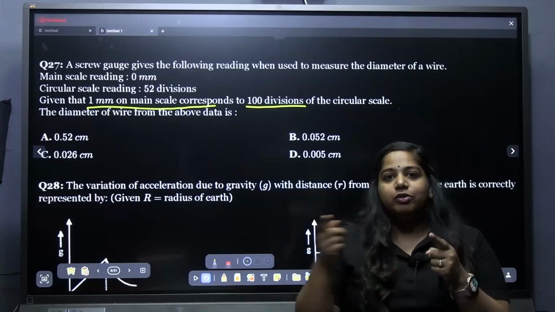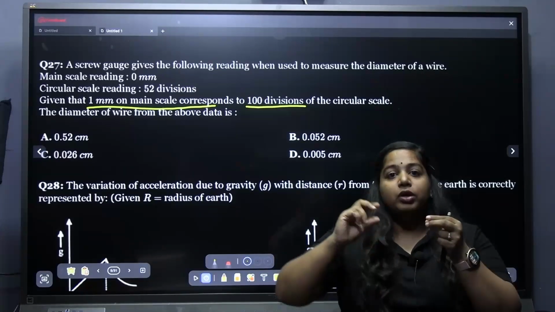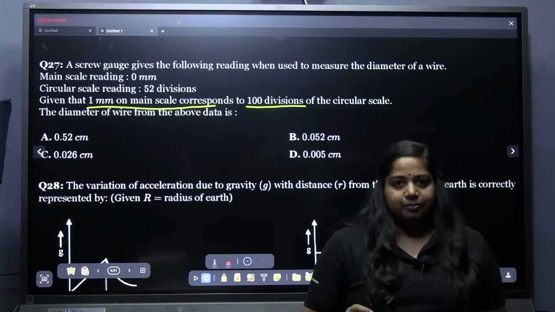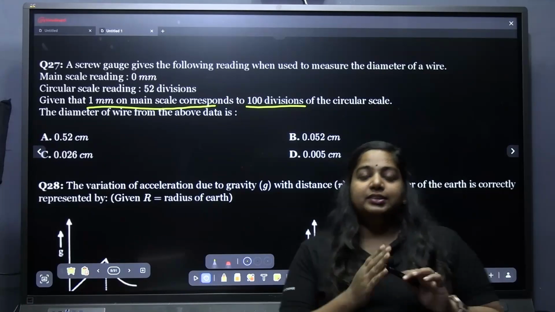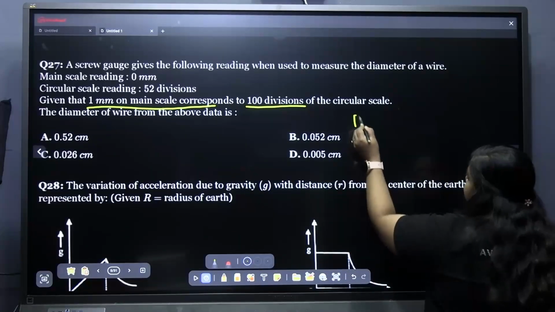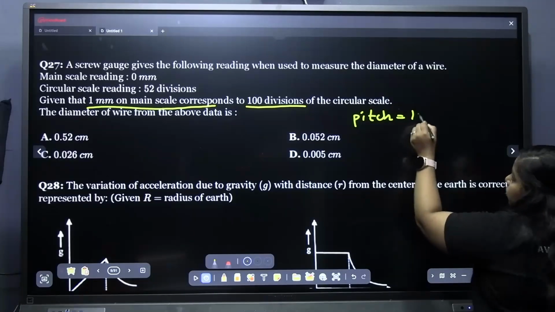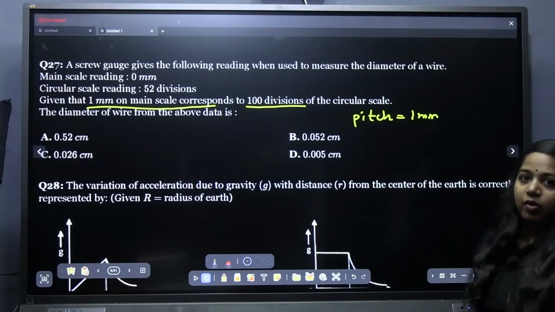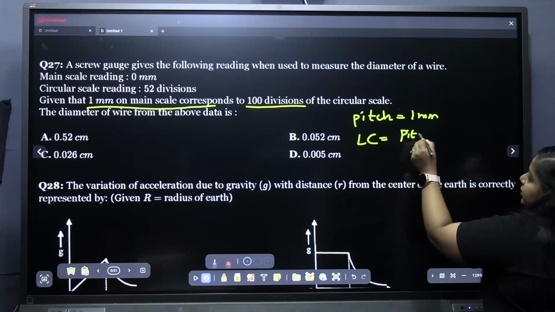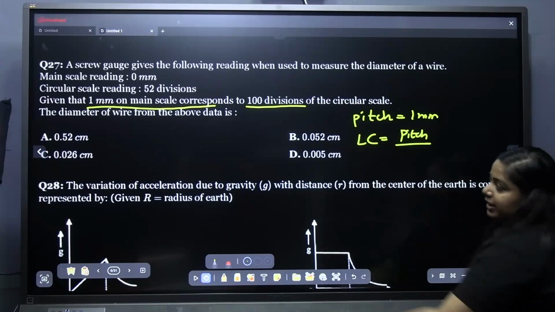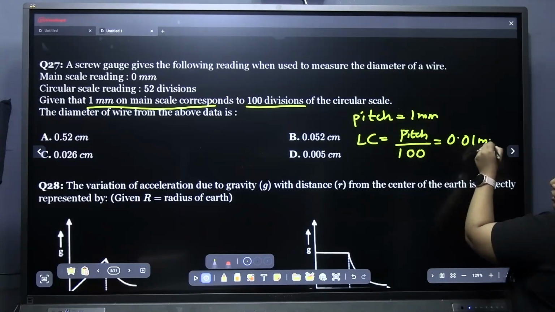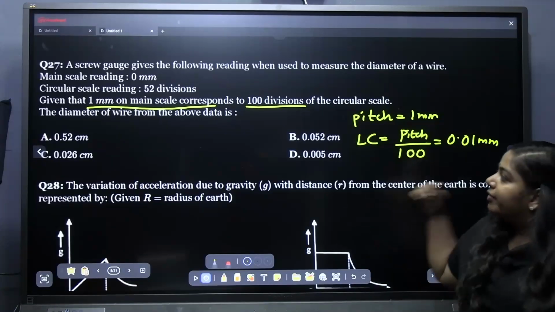So 100 divisions equal to 1 millimeter means if we rotate the circular scale one time, the distance moved is 1 millimeter. I told you the distance moved by one rotation is the pitch, so the pitch is equal to 1 millimeter. Once we get the pitch, LC is equal to pitch by number of circular scale divisions, that is 100. So this will be 0.01 millimeter, the least count.